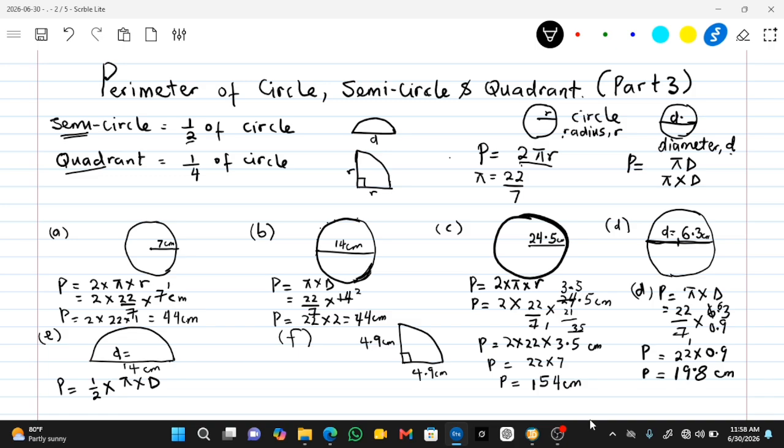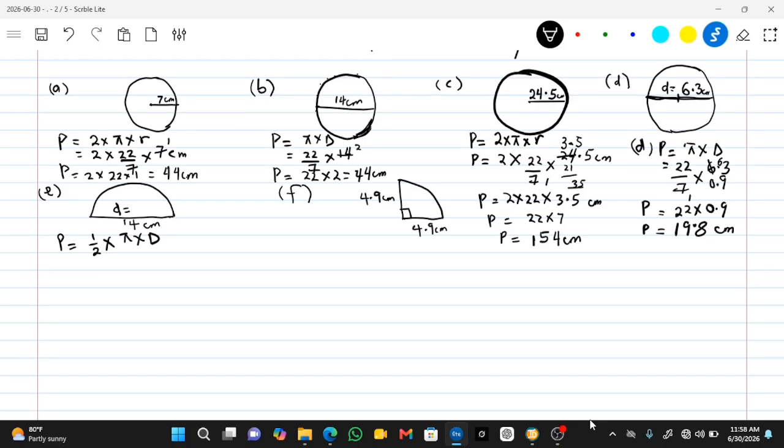So that gives perimeter equals 1 over 2 times 22 over 7 times 14. So we can divide.